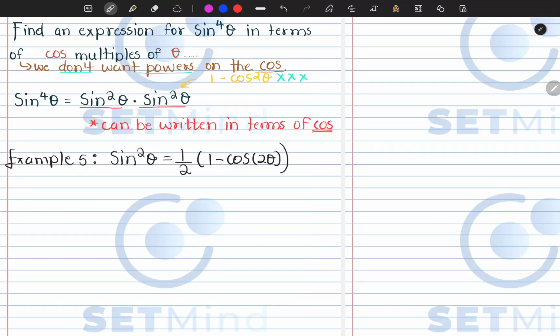So there's no angle and no double anything there. So this means that what we have there, we can write it as 1 over 2, 1 minus cos of 2 theta, then multiplied by 1 over 2, 1 minus cos of 2 theta. This here, that's what we can do.